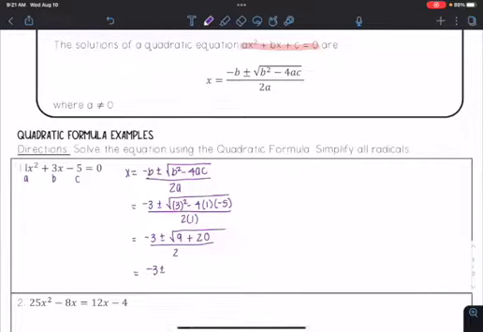And when I do 9 plus 20, I get 29. So this is going to be my answer. I should get that x is equal to negative 3 plus or minus the square root of 29 all over 2. Square root of 29 cannot be simplified any further because 29 is a prime number, and so this will be my final answer.